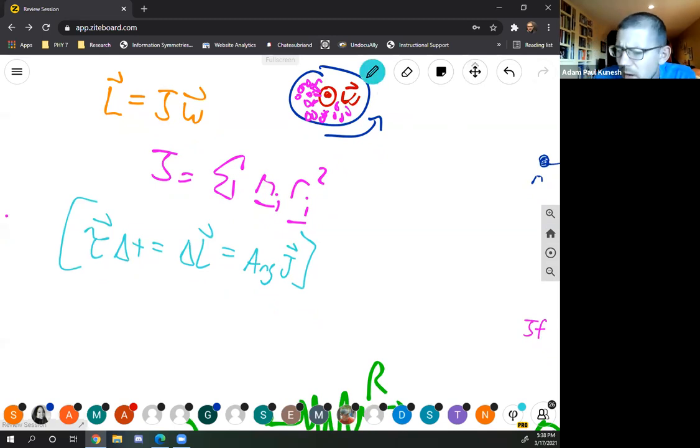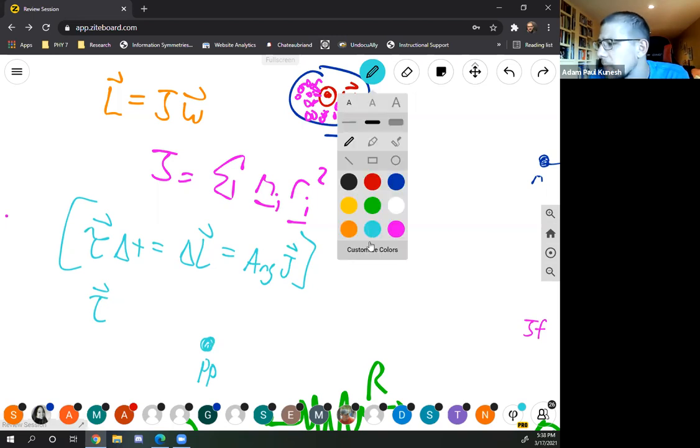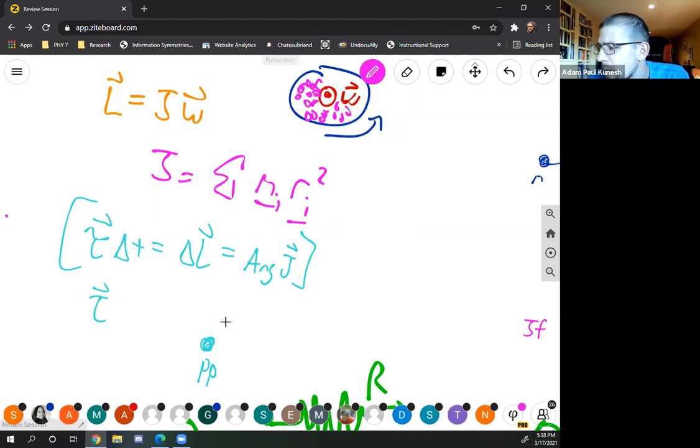So the definition of torque for a system pivoting around some pivot point, where I've got a force being applied some distance away from that pivot point, some displacement r away from that pivot point, where there's a force being applied, F. The torque is given by r times F times the sine of the angle.